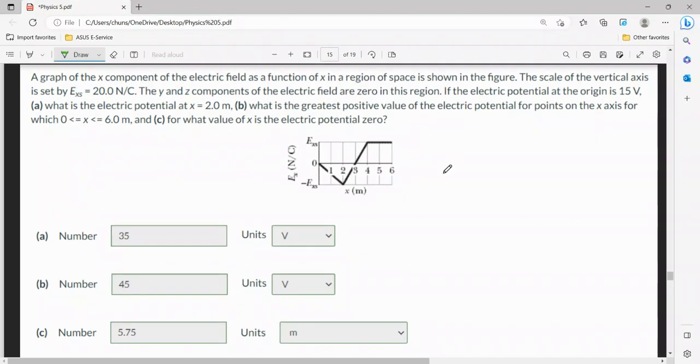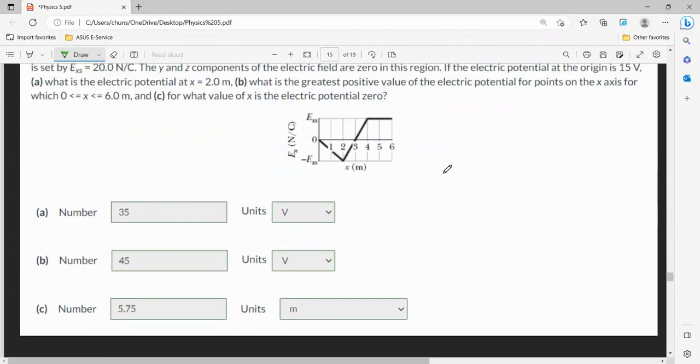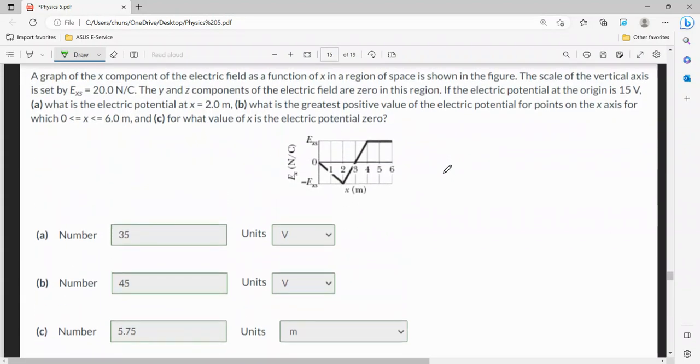In this example, we will be taking a look at electric potential using a graph. So we are given the x component of an electric field as a function of x in the graph below, where our scale is set by 20 newtons per coulomb, and the origin is 15 volts.